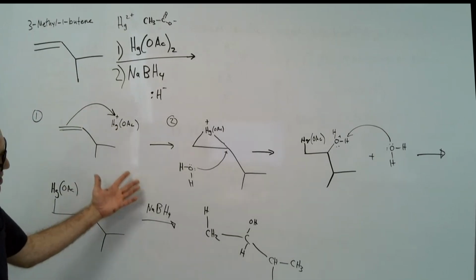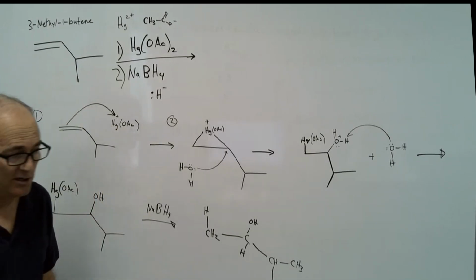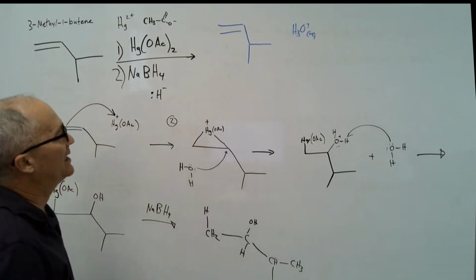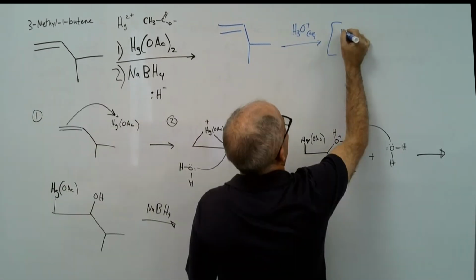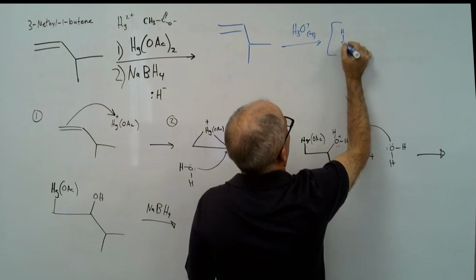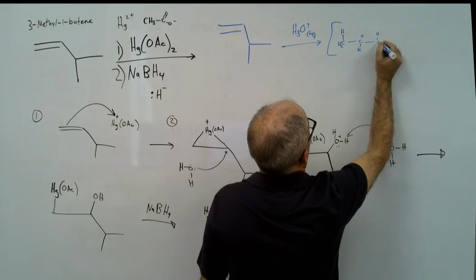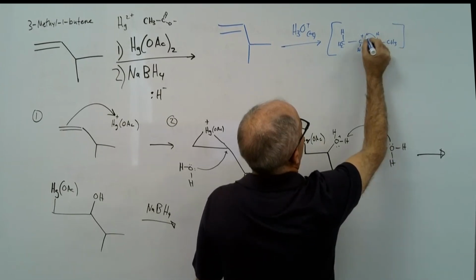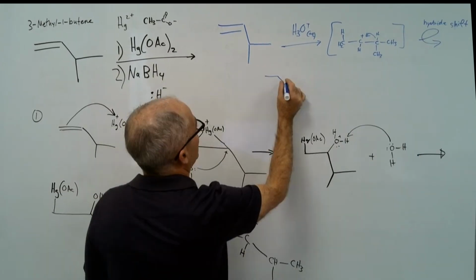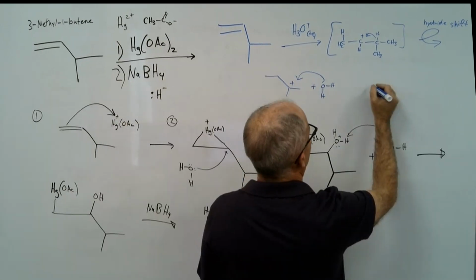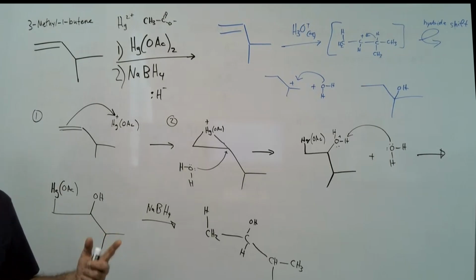Markovnikov. Now let's compare this to our straight up acid catalyzed hydration. Our first hydrogen would go on there, and then right here you might have something that looks like this, and there we have this hydride shift, leading to a more stable carbocation, and then ultimately there's our rearrangement.